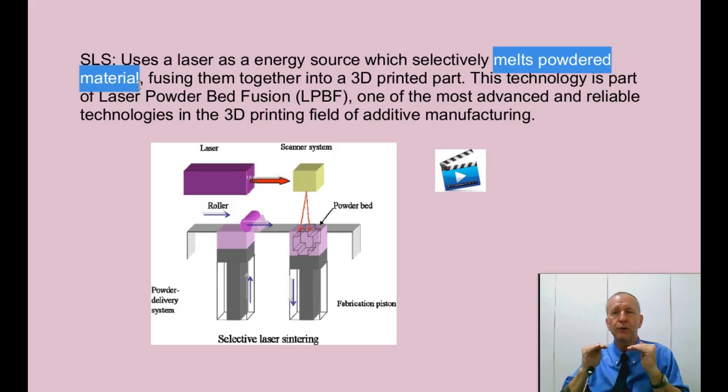So that's powder. And we're going to take different kinds of powder, ceramic, plastic, and metal, which is really exciting. I think if my research is correct, titanium, which is supposed to be one of the hardest substances known to man, and of course aluminum.